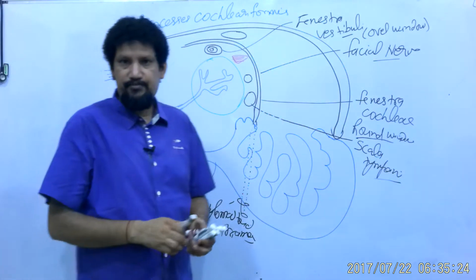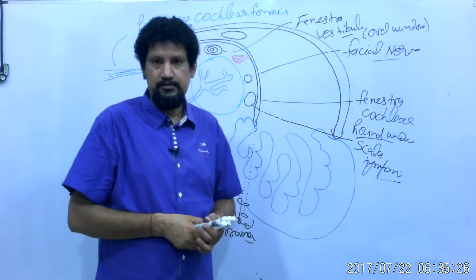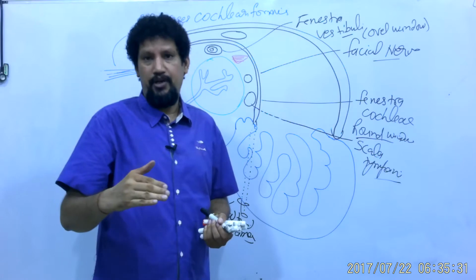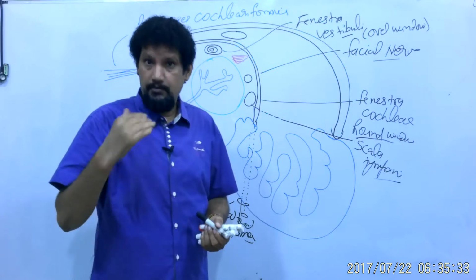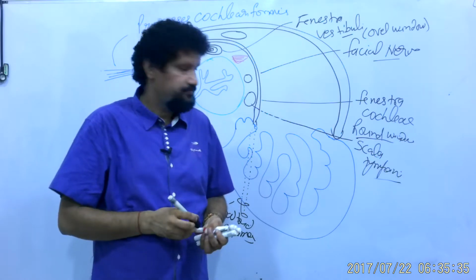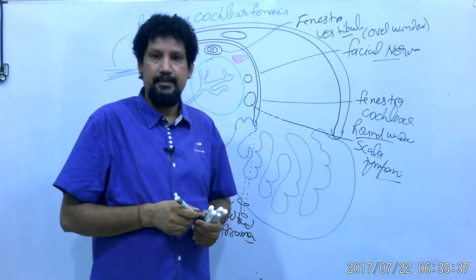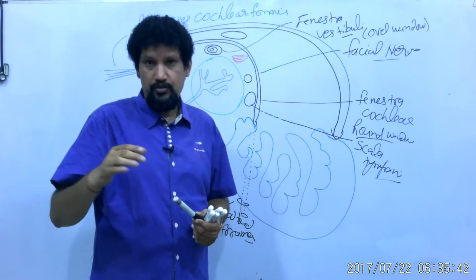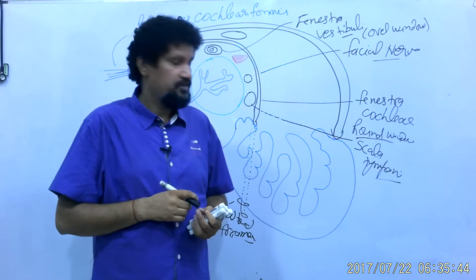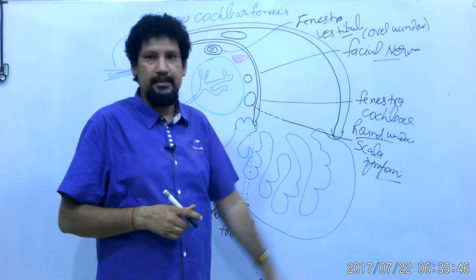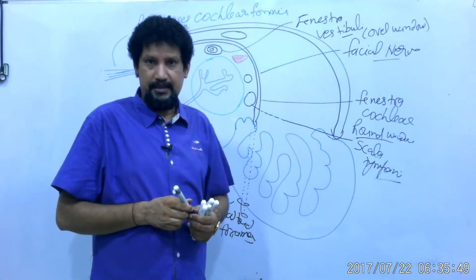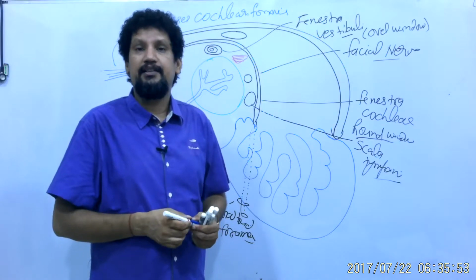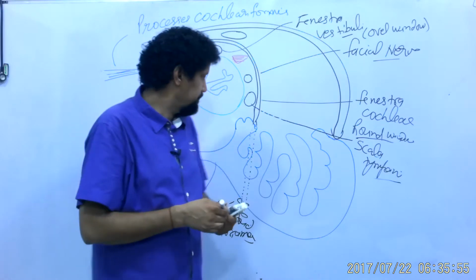The last part of the cochlear turn is divided by bony projection in upper part and lower part. The upper part above the spiral lamina is the scala vestibuli and lower part, or below the spiral lamina, is the scala tympani. So, this opens in the scala tympani and it is closed by secondary tympanic membrane.